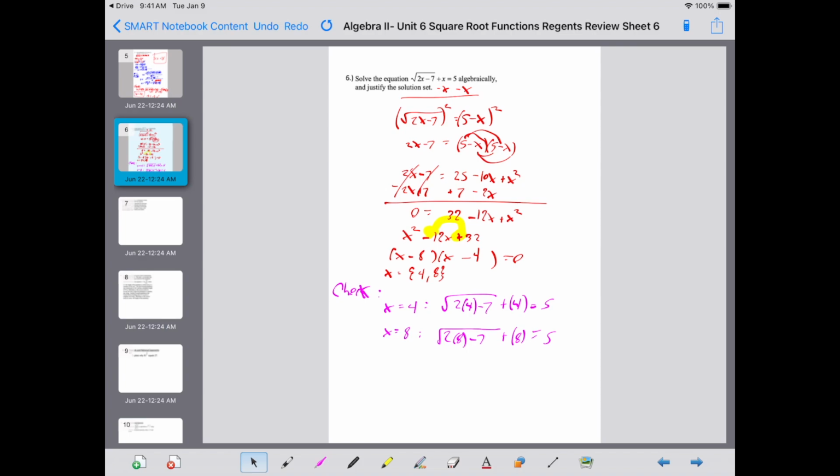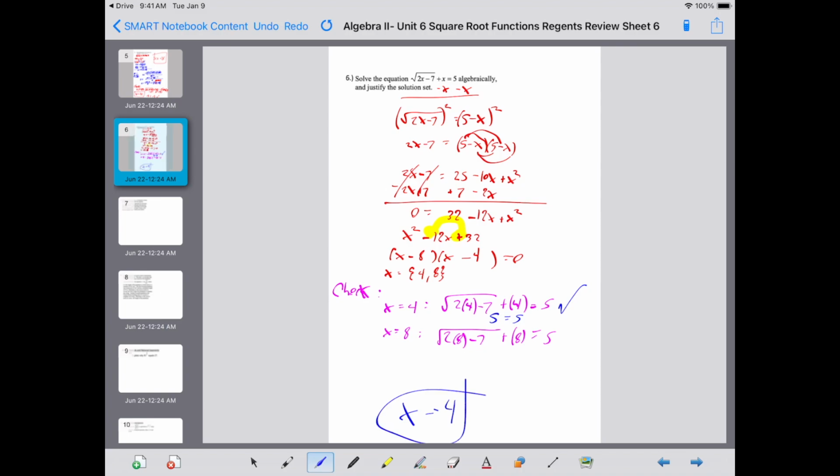There's no way that both of these could be right because we know the definition of a function: it can't have the same input give different outputs. You get 5. 5 equals 5. So your answer is going to be x equals 4.